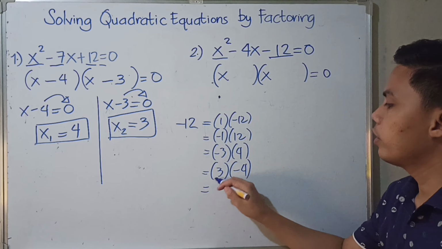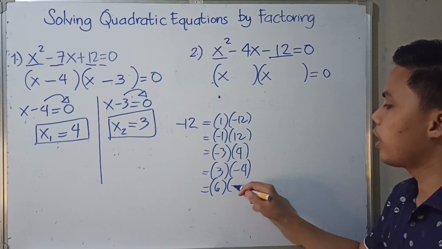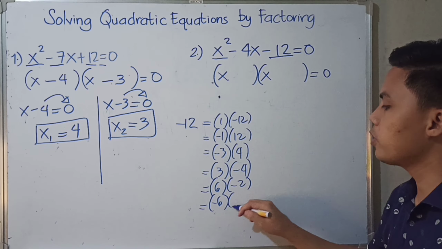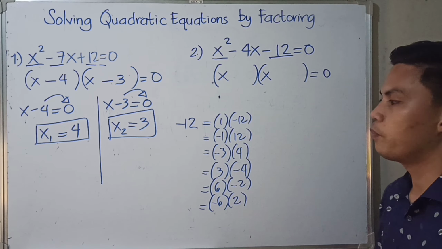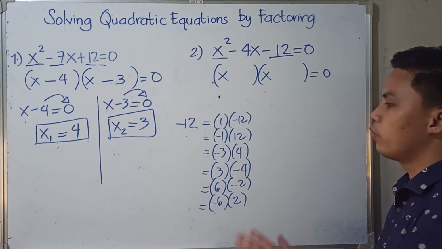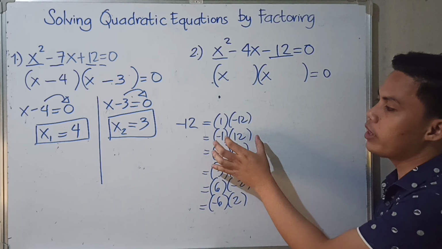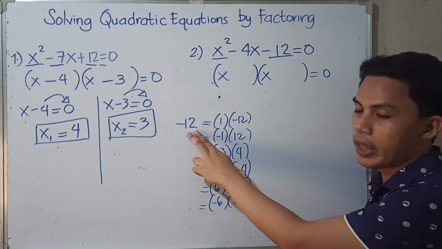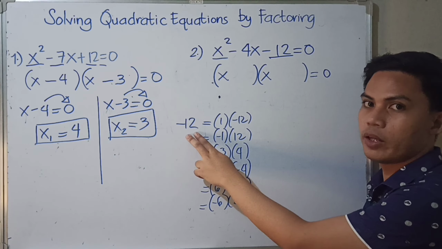Pwede ring 6 times negative 2 or negative 6 times positive 2. So, these factors, pag multiply natin sila, sa bawat pair nila, the answer would be negative 12. Okay.